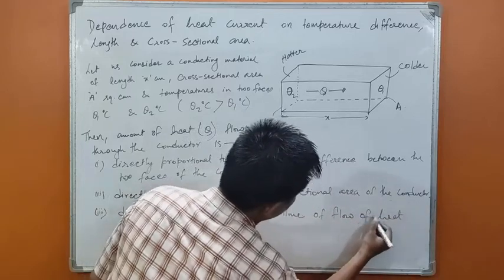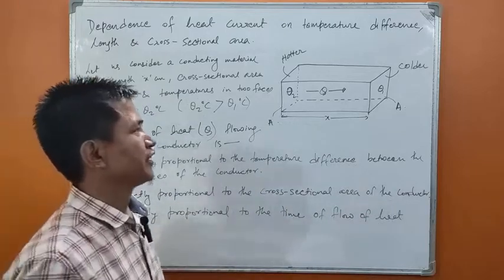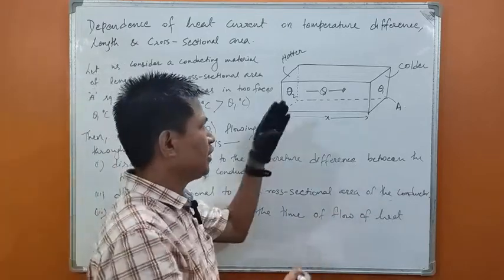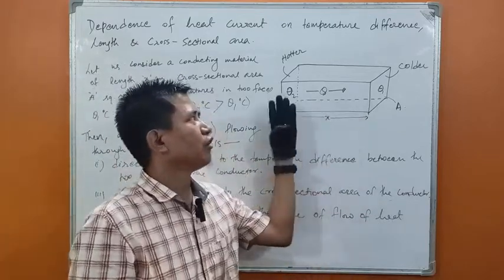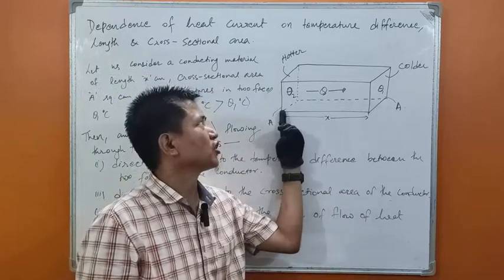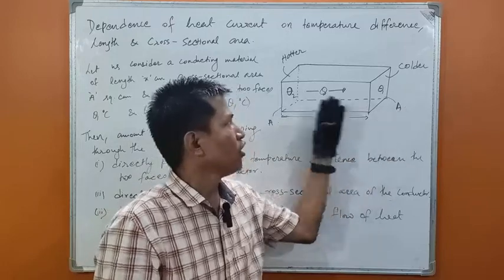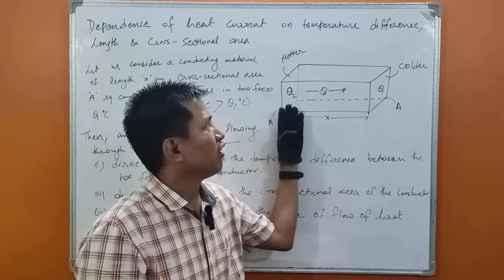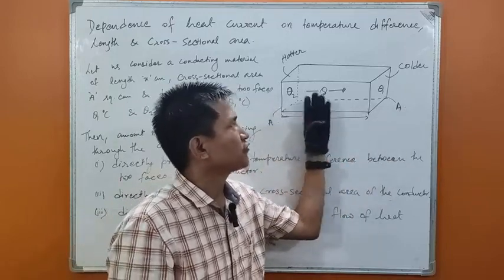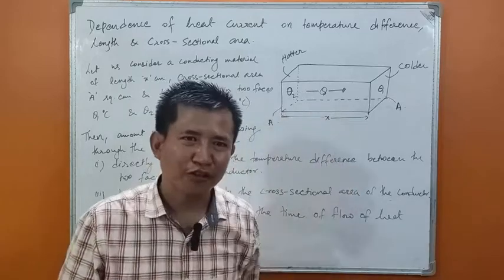Directly proportional to the time of flow of heat, which means for more time you allow heat to flow from this hotter surface to the colder surface, more heat energy will flow. Less time you allow heat to flow from hotter surface to colder surface, lesser amount of heat will flow, isn't it?